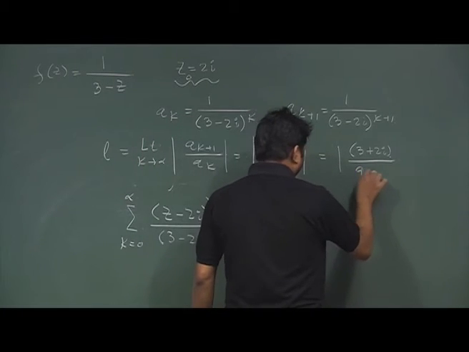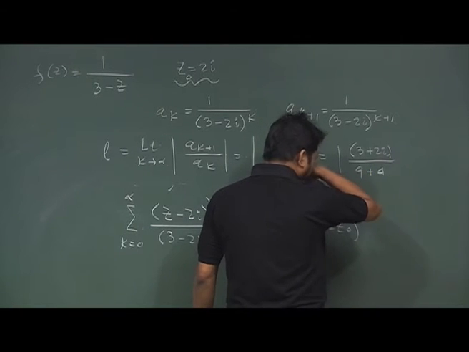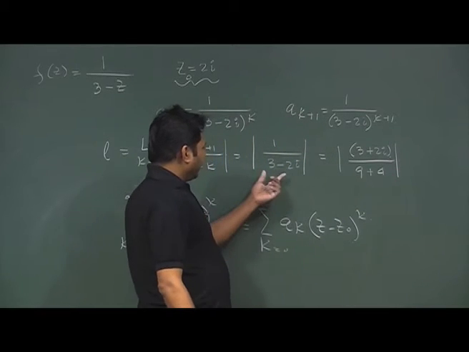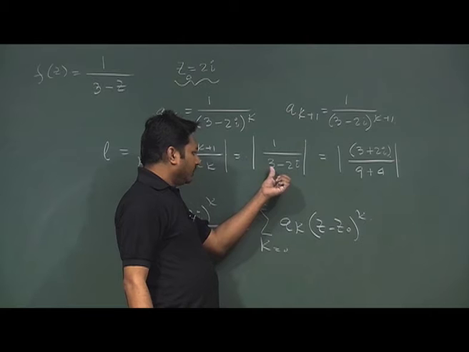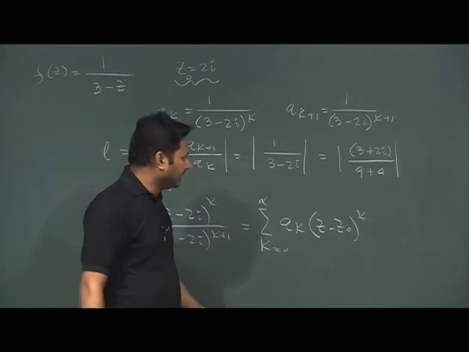So 9 plus 4, it should be 13. a plus b into a minus b, so a square is 9 and b square is 4, so 9 plus 4 is 13.